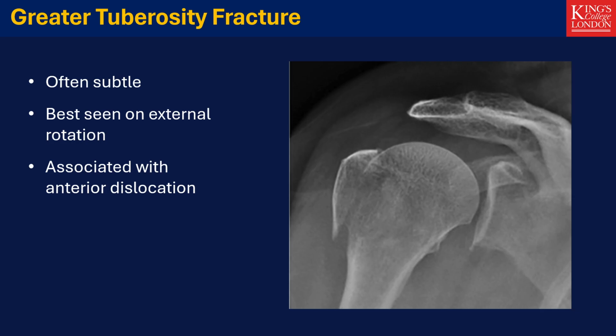Finally, distinguish an acute fracture from chronic degenerative sclerosis at the tuberosity. Acute injury produces cortical disruption and sharp fragment margins. Chronic change produces smooth sclerosis without a discrete fracture line.